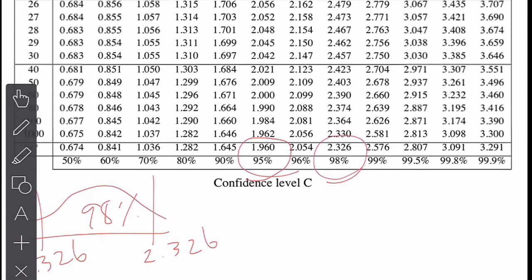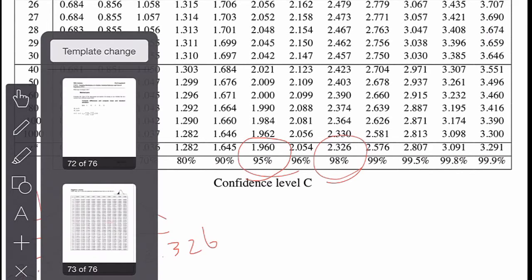So you're restricted to making confidence intervals of these levels. If I asked you to create a confidence interval of an estimate that wasn't one of these, like 97, for instance, it's not here, then you have to use a Z table. Is that all right? So we know it's 1.96.